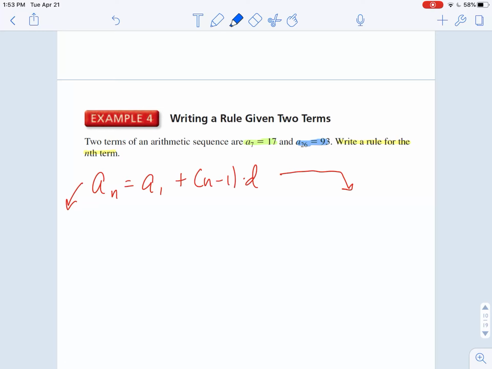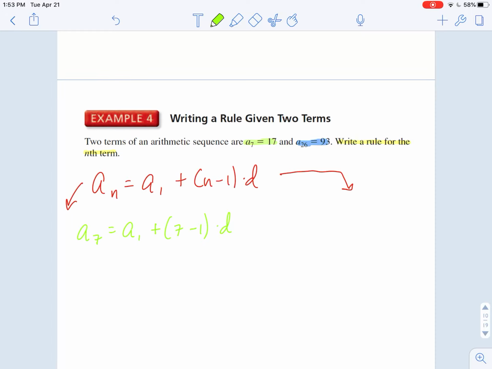So let's start with a green if we could. So a sub n, let's say a sub 7 is equal to a sub 1, which we don't know, plus 7, which is our value of n, minus 1, times d, which we don't know.